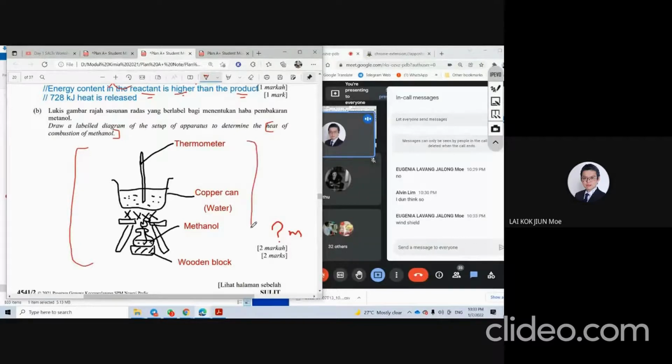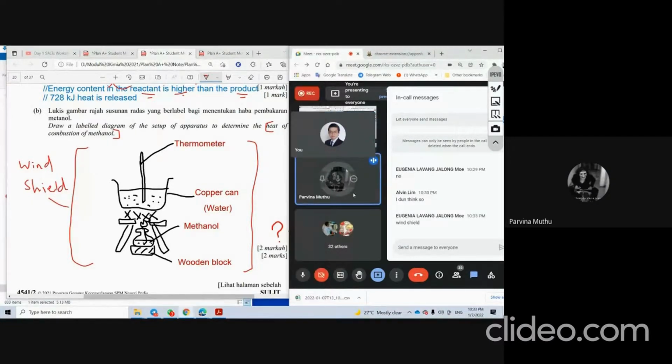So to make the result more accurate, you label windshield. What else? What else? Sir, the wire gauze, right? We cannot use wire gauze. We need to use pipe clay.